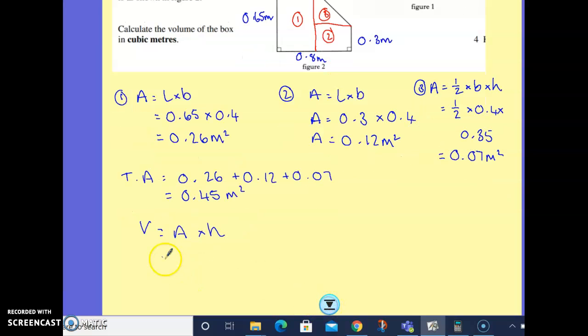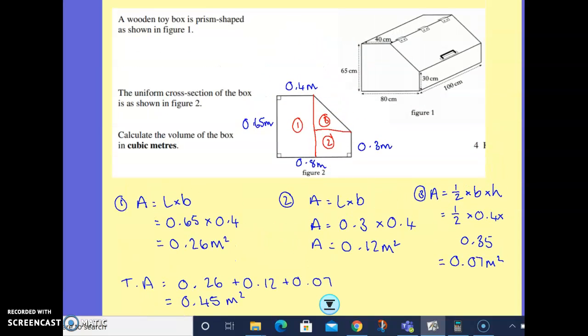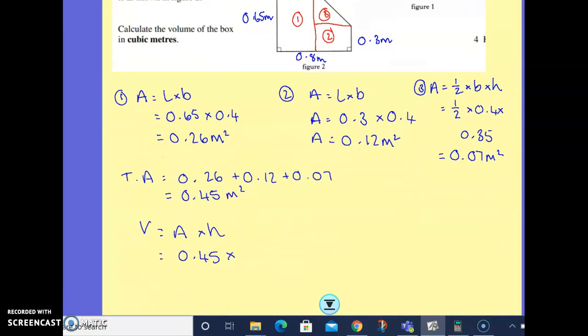The area of the base is the bit that we've just worked out, so it's 0.45. The height's the distance that we can push that base through. We can push that base through 100 centimetres, so I'm going to times that by 100, which gives us 45 metres. I've done that again. Cubed. Oh, my bad writing. Let's try again. 45 metres cubed. There we go. Okay, I'll leave you to try some of these yourselves.